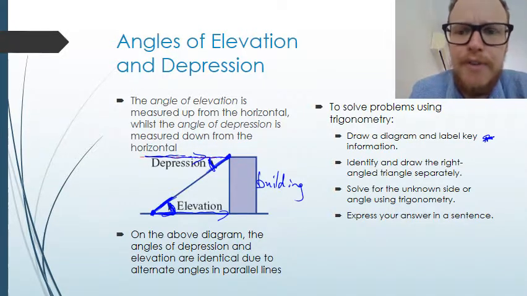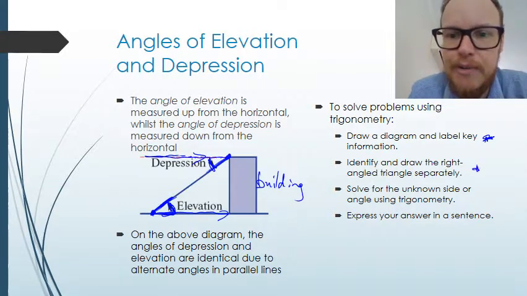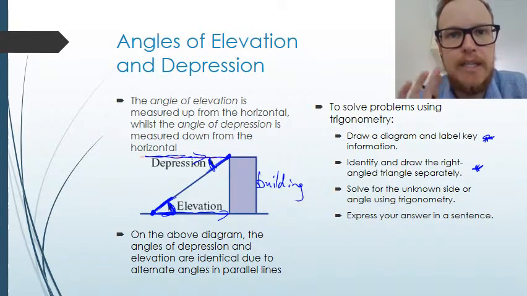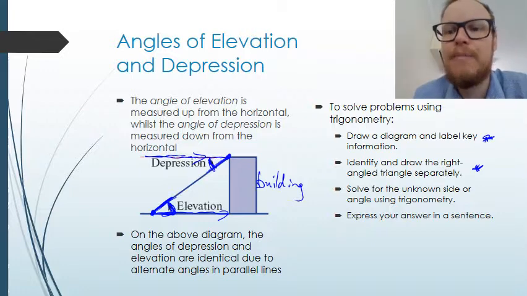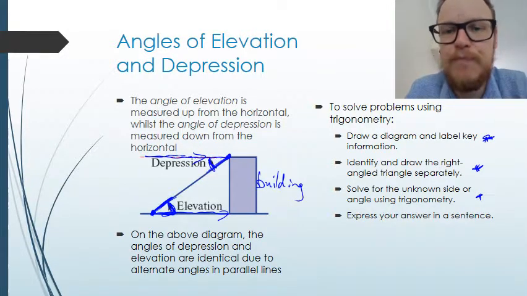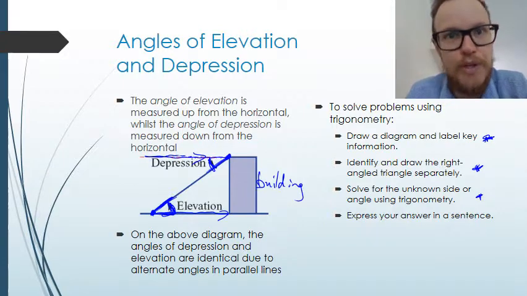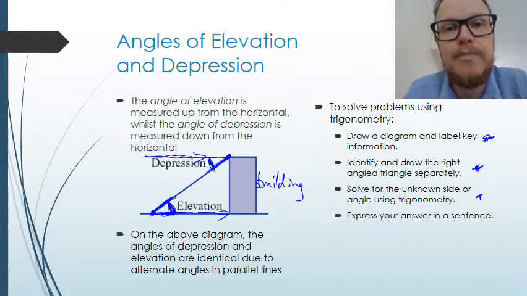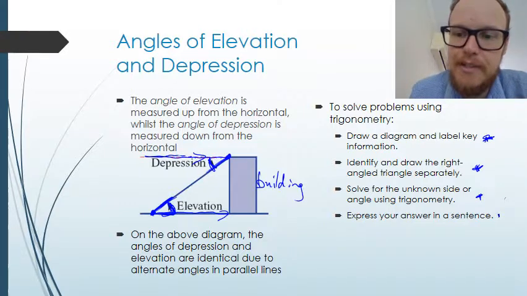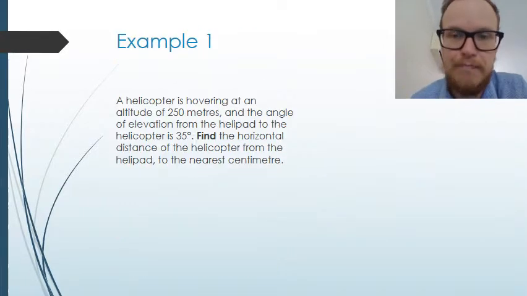We need to identify and draw the right angle triangle separately so that it's very clear exactly what we're trying to solve. We need to then use our trigonometric rules or Pythagoras or whatever relationships that we understand to be able to find the unknown side or angle, and then we need to express our answer in a sentence that relates to the question that's been asked.